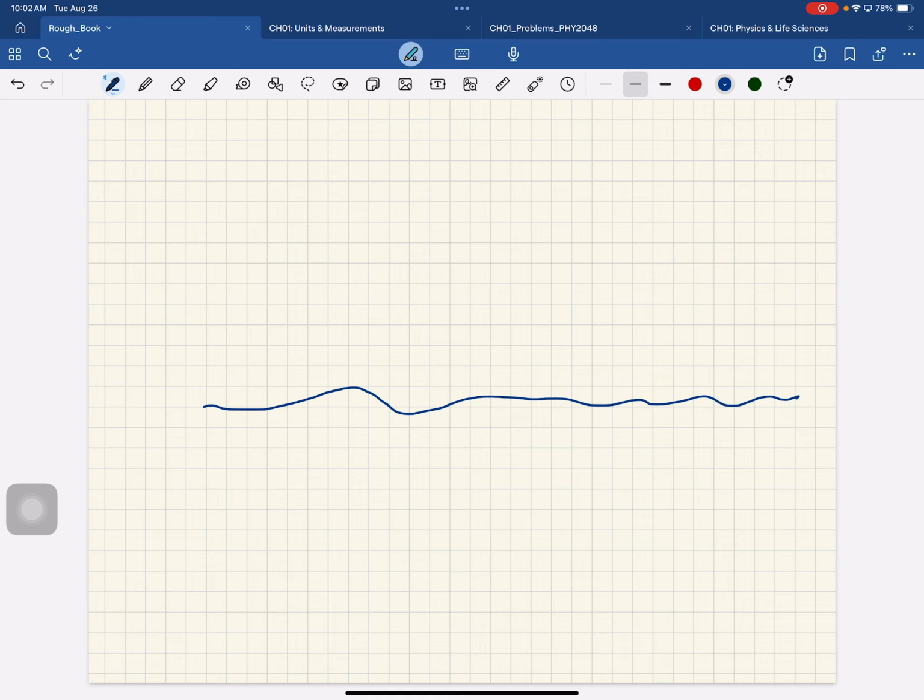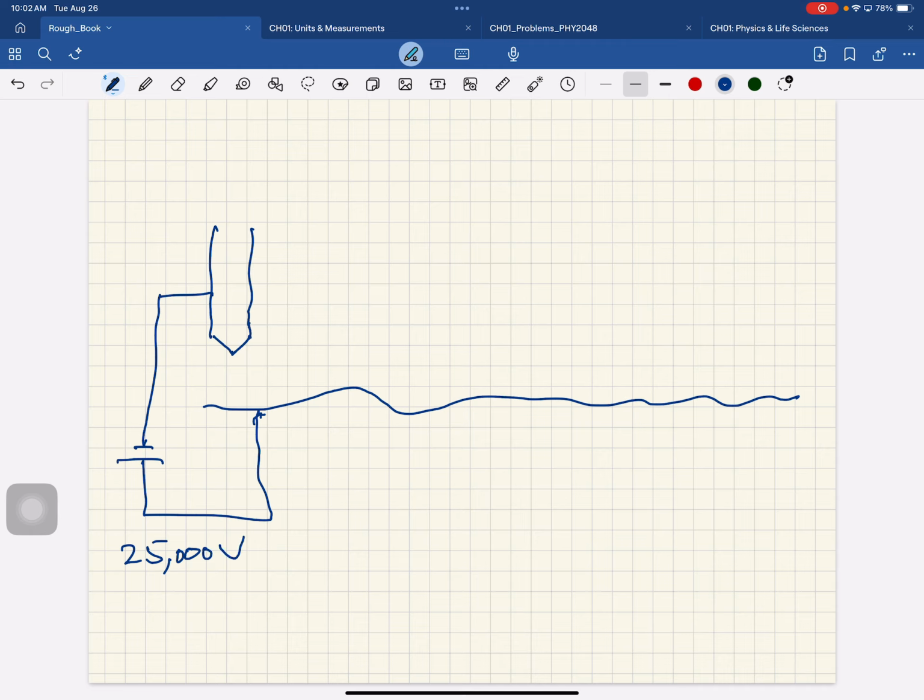So that's where the scanning part comes in the name. I'm going to draw the electrode. Then between this and the object you're taking an image of, you connect 25,000 volts or something like that. I'm just making up a number, a large voltage.